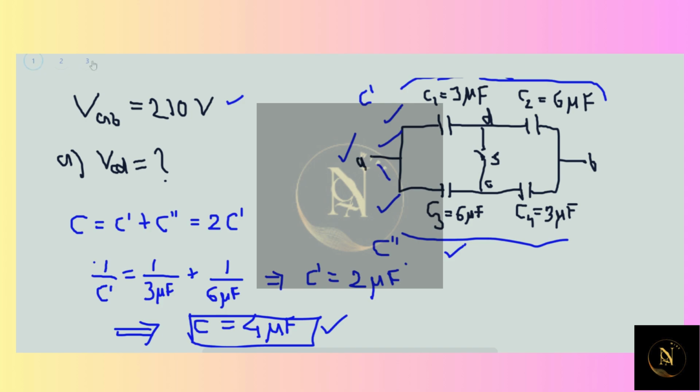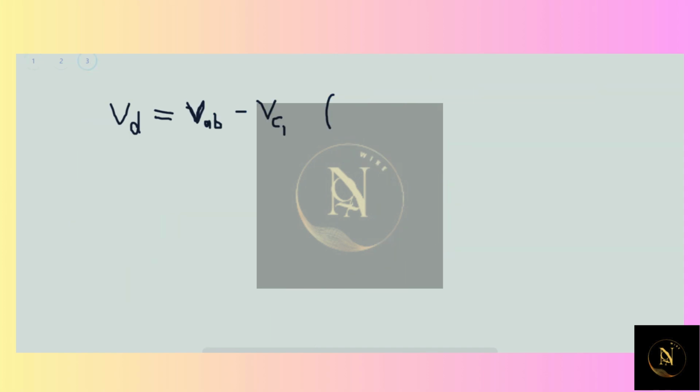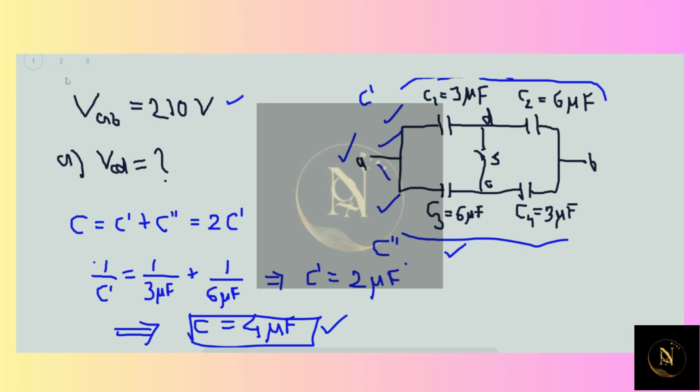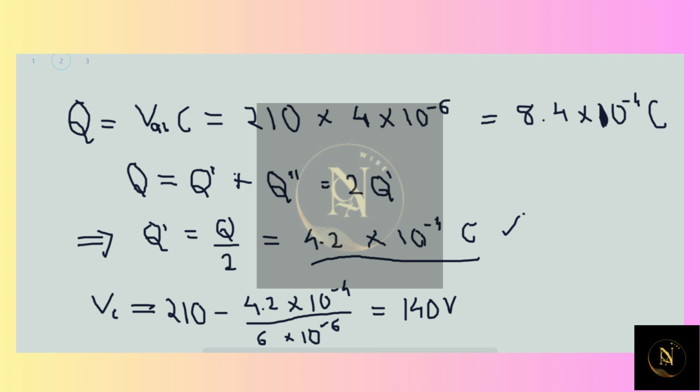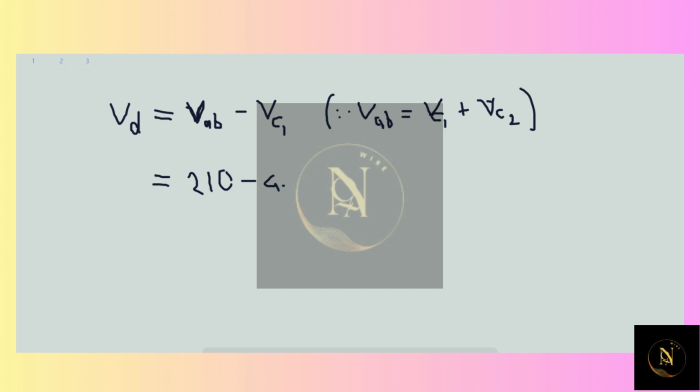The voltage across C1 is charge divided by capacitance. The charge is the same, 4.2 times 10 raised to -4, divided by 3 times 10 raised to -6.